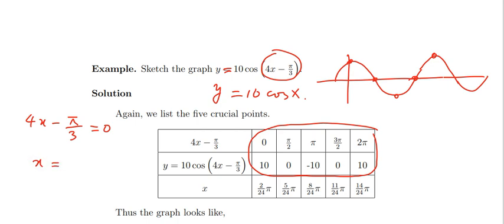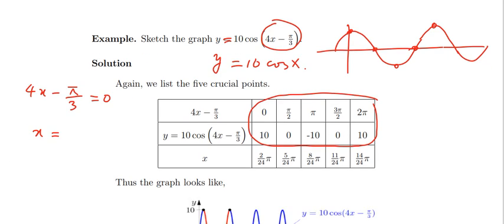We need to solve for this x. This is easy, just a linear equation. So 4x equals pi over 3. What is x? Divided by 4, this becomes pi over 12.